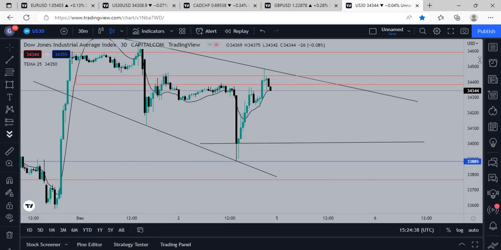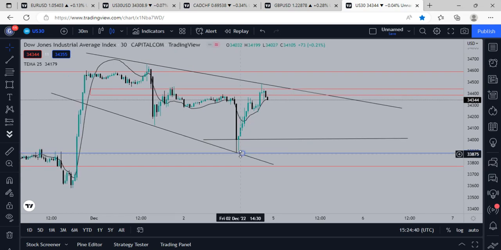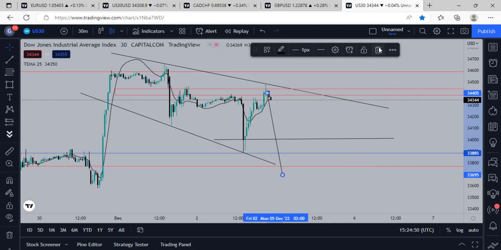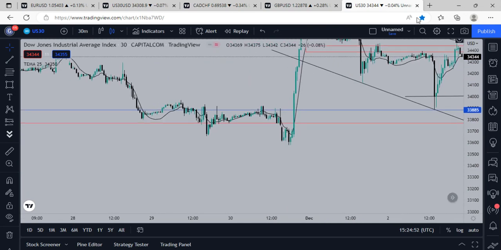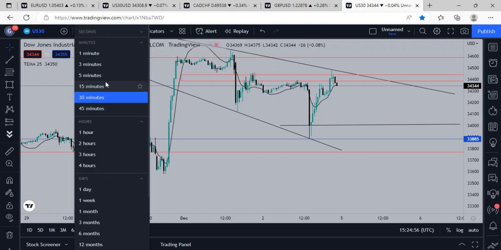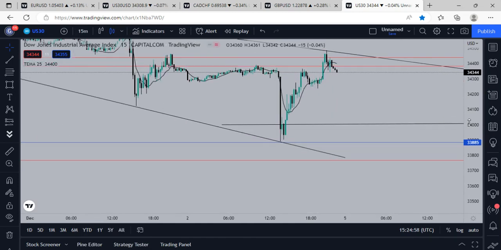So that is what I can see with US 30. Or what price can do is it can continue to break this area of support, and you just retest and you go down for a break of structure for more sales on US30. That is what I'll be expecting on this pair.